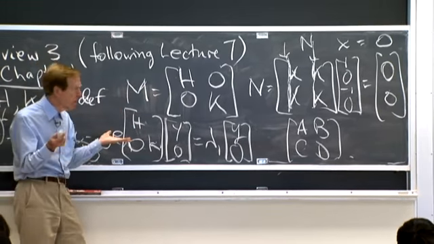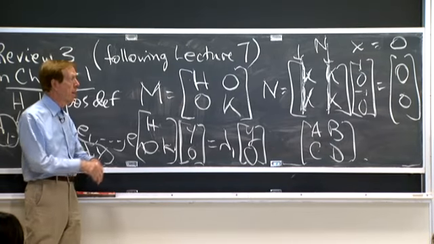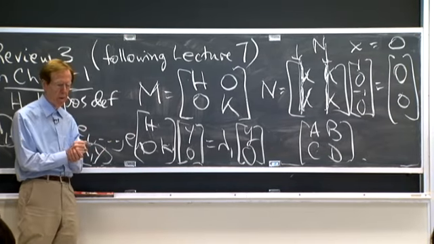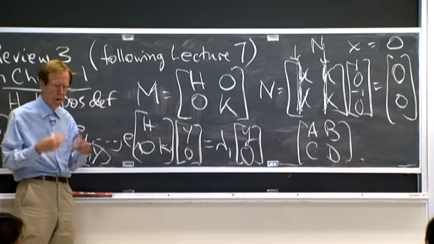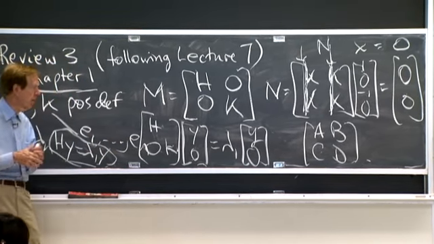So we've got a whole bunch of vectors. This matrix N, this K, K, K, K, has got a whole lot of vectors that it takes to 0. I would say it has a large null space. So that's a really useful exercise. I'm delighted you asked, and now I'm ready for more.